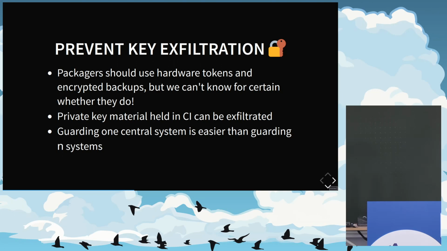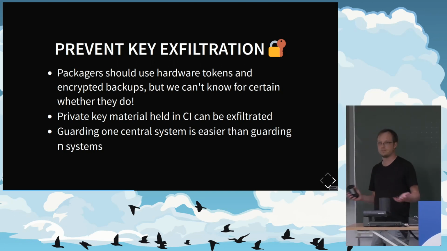We have private key material in CI that can or could be exfiltrated as soon as one of the DevOps is basically compromised. We have then the need, of course, to have fewer systems to guard than the current plenty systems that we have. That's where we want to go. And preventing the key exfiltration by minimizing the systems where we actually have private key material available.